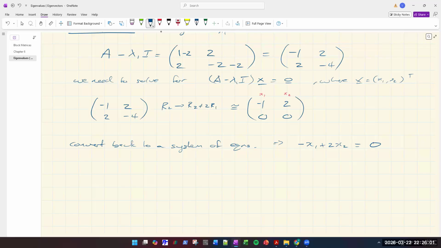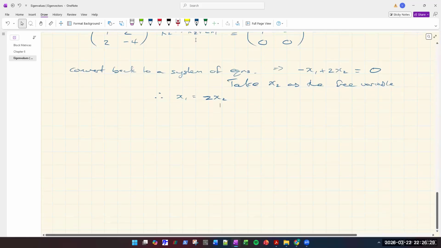So you could take anyone, but we could take, for example, x2 as the free variable. So therefore, x1 is 2x2, right? x1 is 2x2.